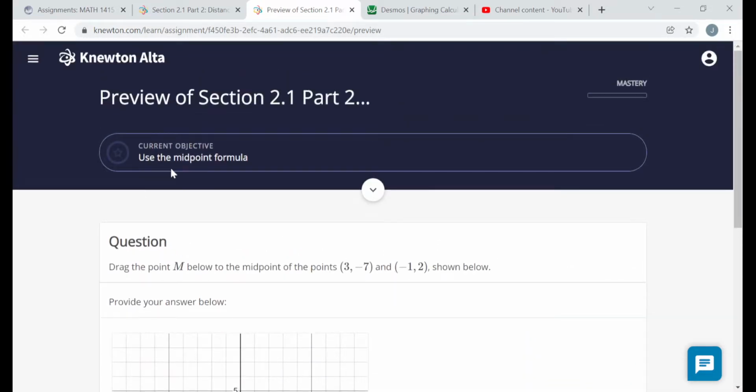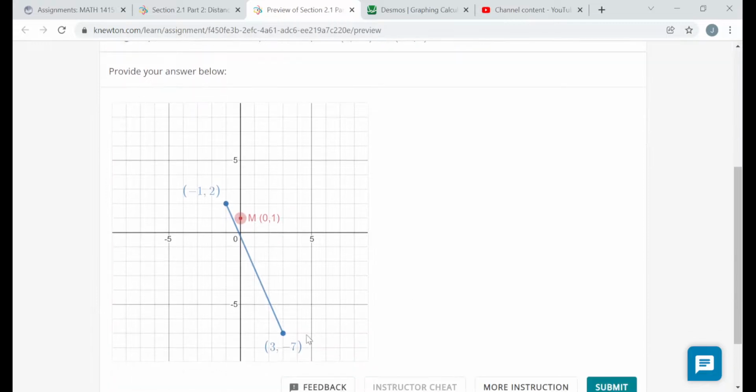Now the first objective is use the midpoint formula. So it says here, drag the point M below to the midpoint of the points 3, -7, and -1, 2 shown below, right? So here's 3, -7, and over here is -1, 2, they're labeled.